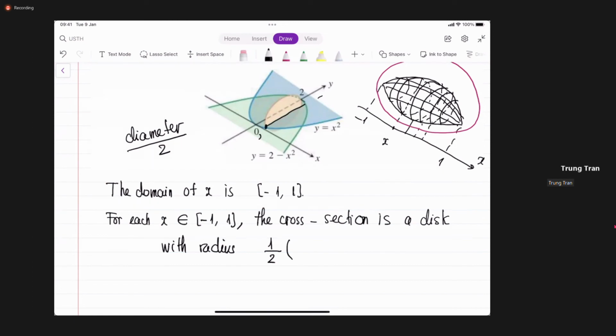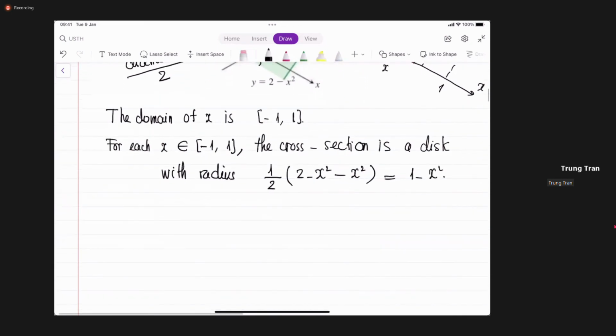What is the length of this cross section? It is 2 minus x squared minus x squared: the y coordinate of this point minus the y coordinate of the other point. So it is exactly 2 minus 2x squared, and the radius is 1 minus x squared.